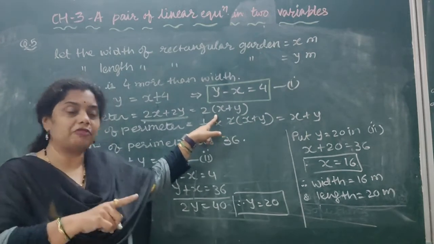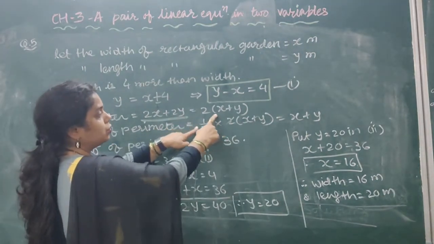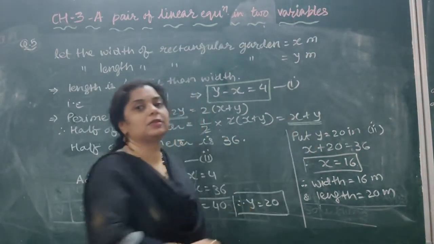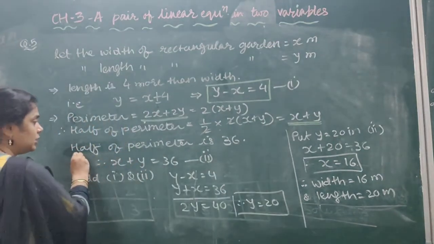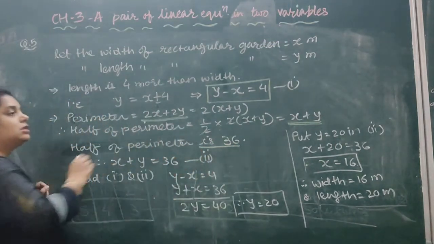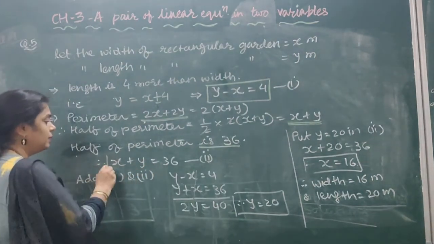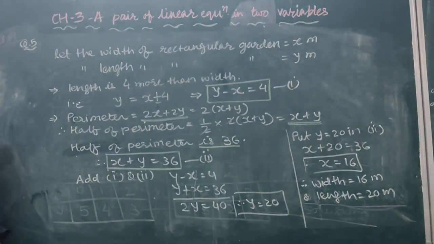What is half of the perimeter? Half into the perimeter. So 2 cancels out. So finally we get x plus y. It is half of the perimeter. And it is given that half of the perimeter is 36. It means x plus y is equal to 36. And that's why this is the second linear equation.